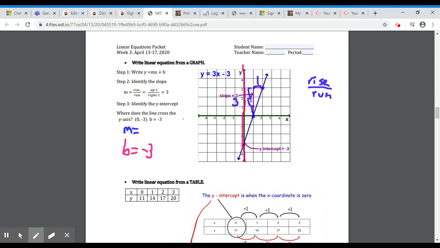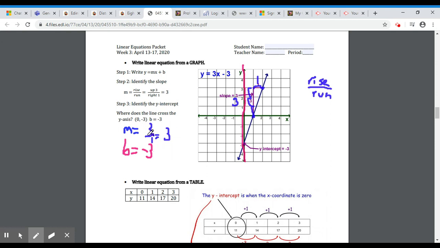Because remember, a positive 3 and a negative 3 slope are two different slopes. So in this case, my rise is 3 and my run is 1. And 3 over 1 equals 3. So my slope is positive 3. My y-intercept is negative 3.